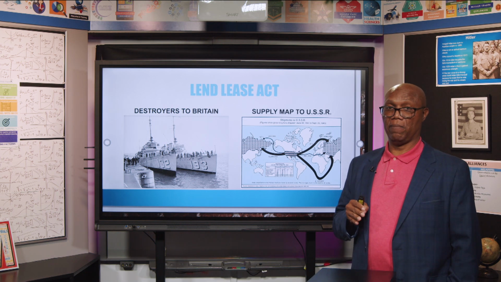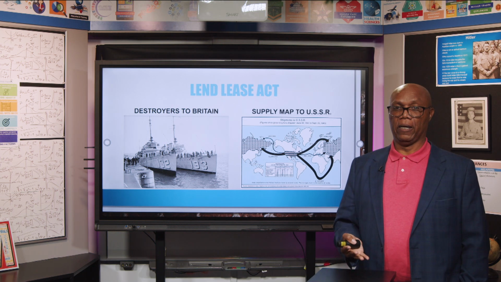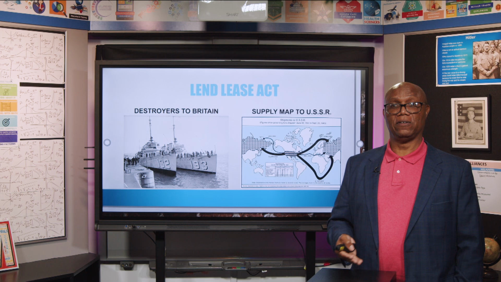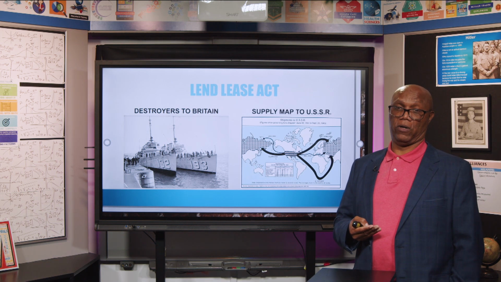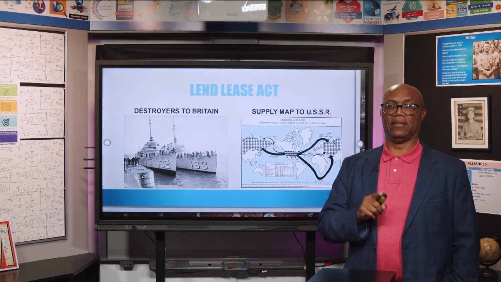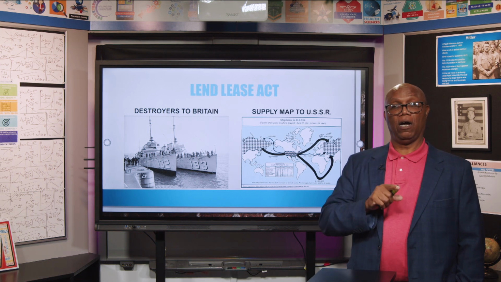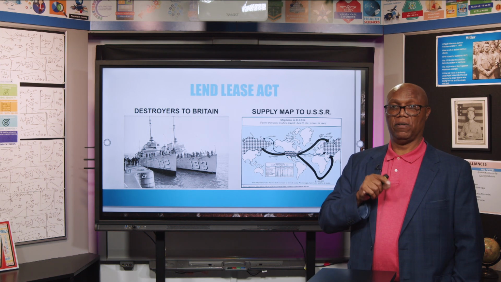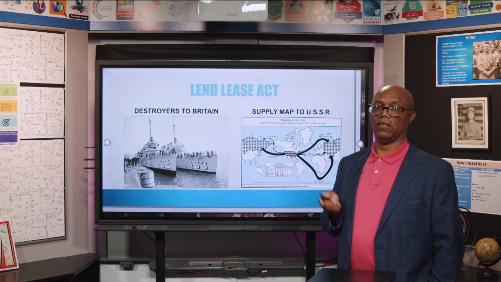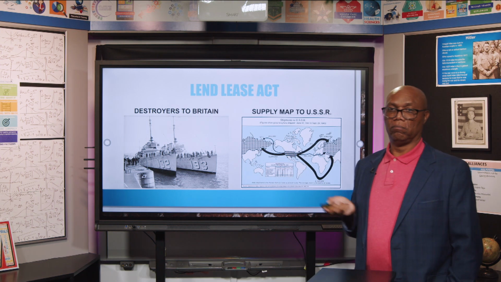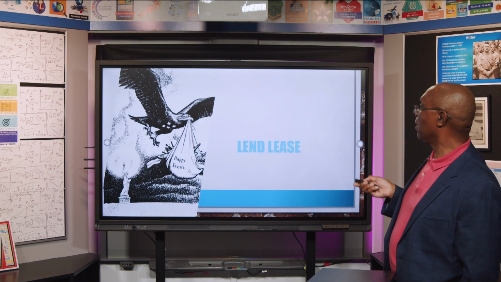Now, the interesting thing about it is Great Britain, everybody understood that, but the Soviet Union was a communist nation, and we were terrified of communism in the United States of America. But what we recognize is that the enemy of my enemy is my friend. So because the Soviets were the enemies of Germany, that must mean that they should be the friends of the United States.